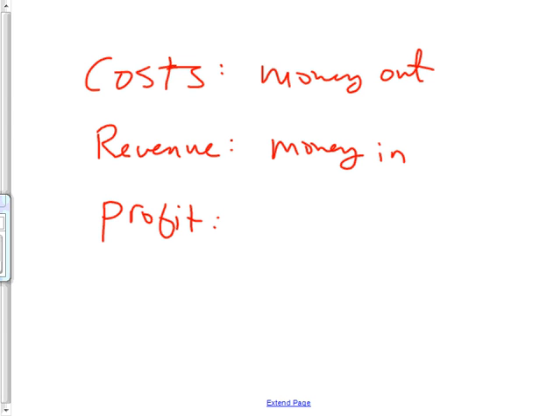And that is basically, yeah, so what would we do? What minus what? That's right, revenue minus cost. So if revenue minus cost is exactly equal, then what you have is called the break even point.